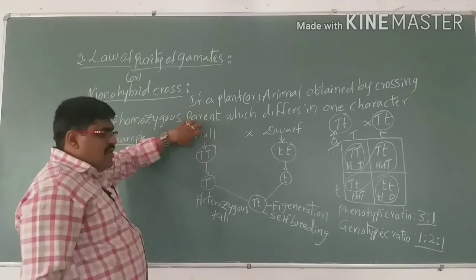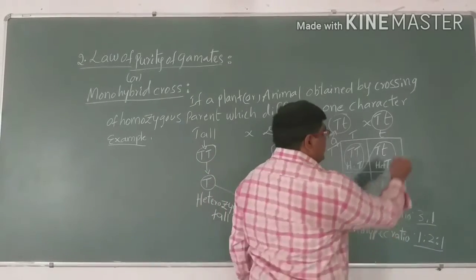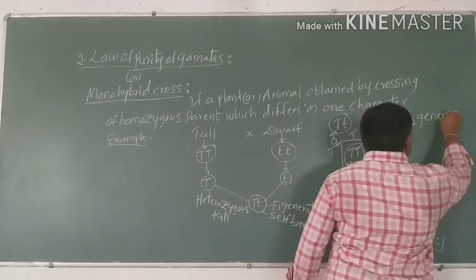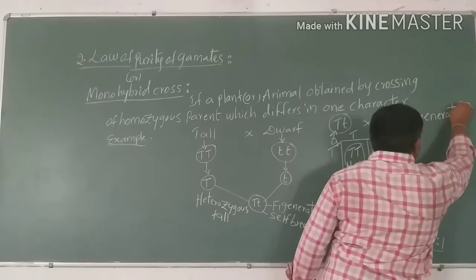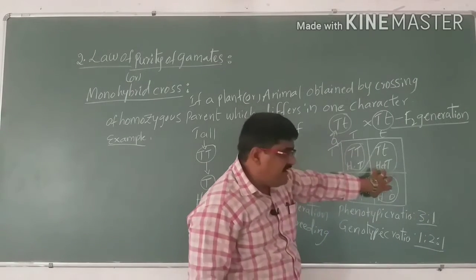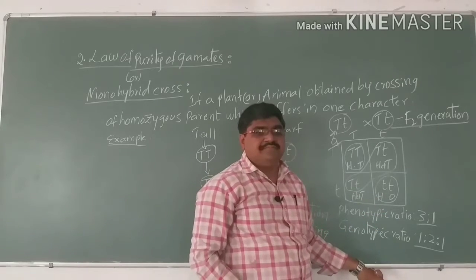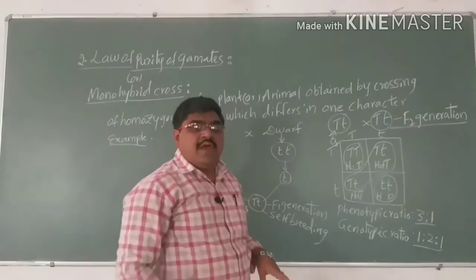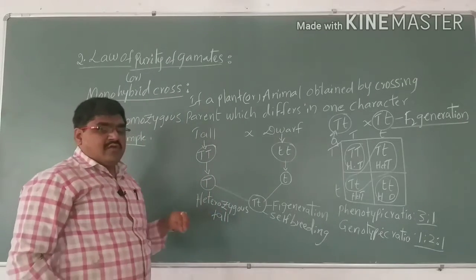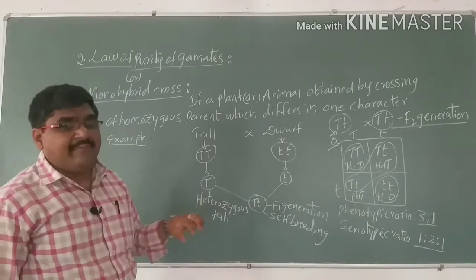At the end, in the F2 generation, we are able to produce only the tall and dwarf characters. No other characters are produced, so the monohybrid cross we can call the law of purity of gametes.